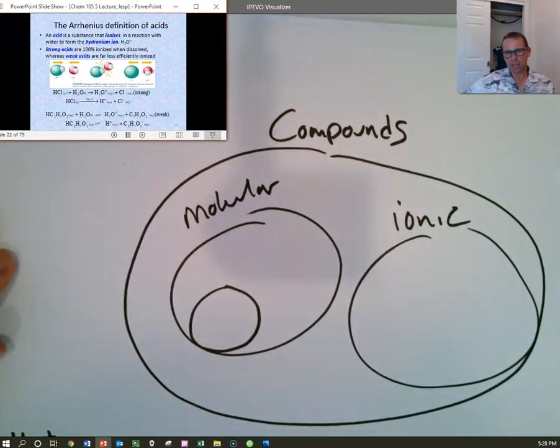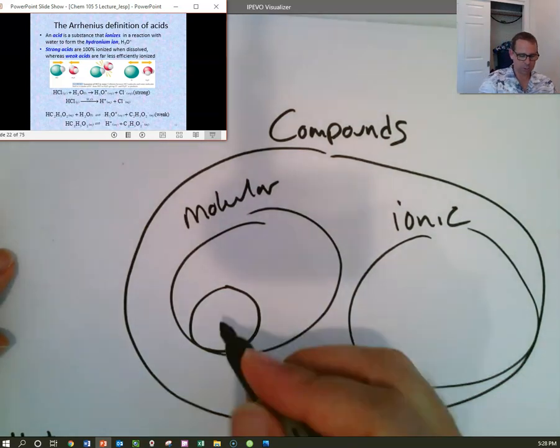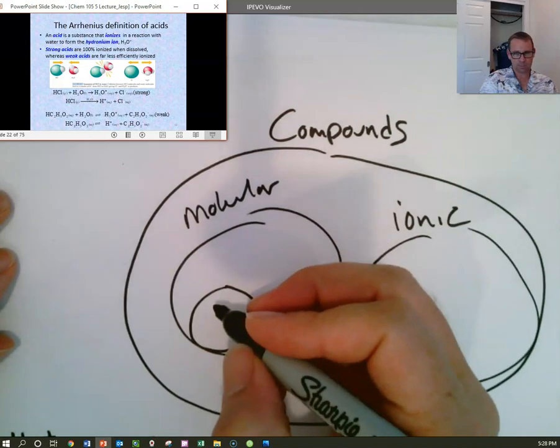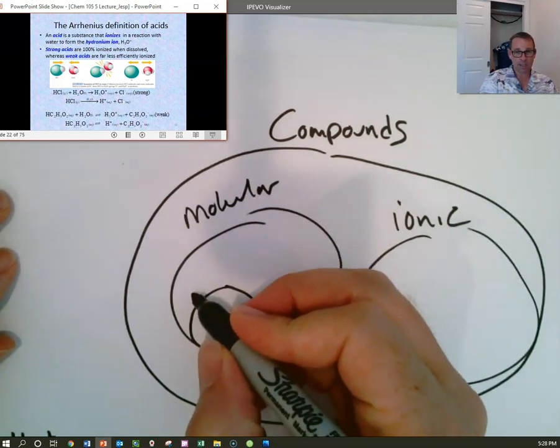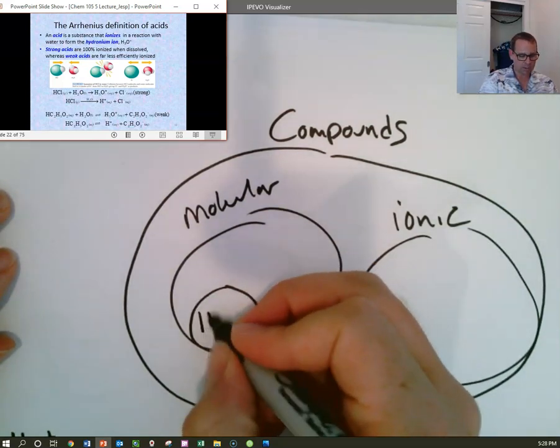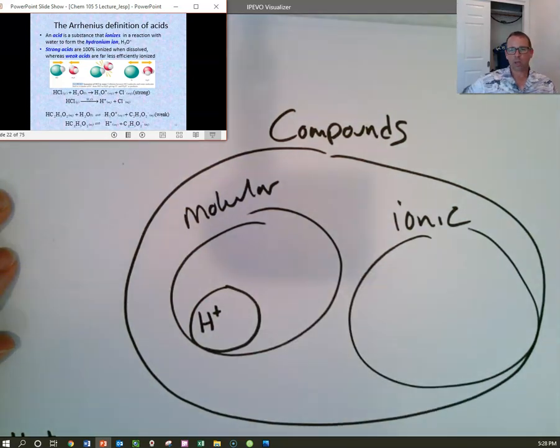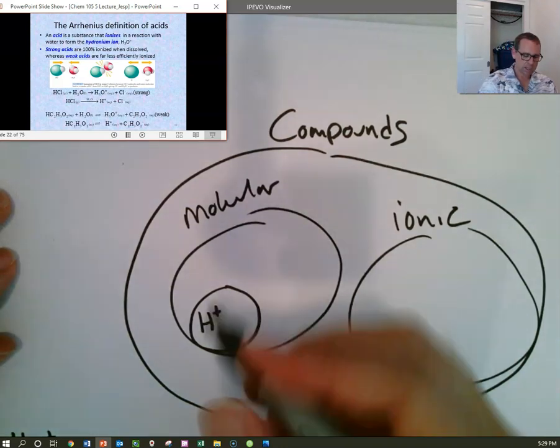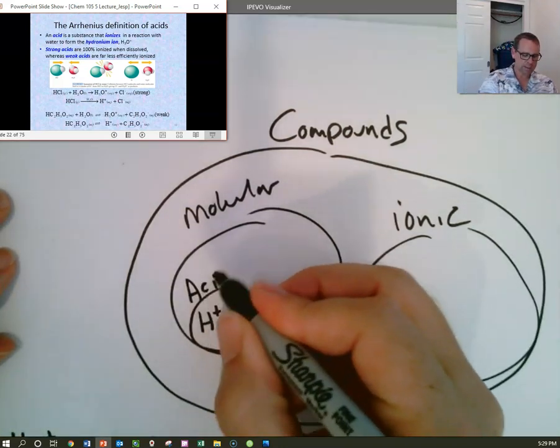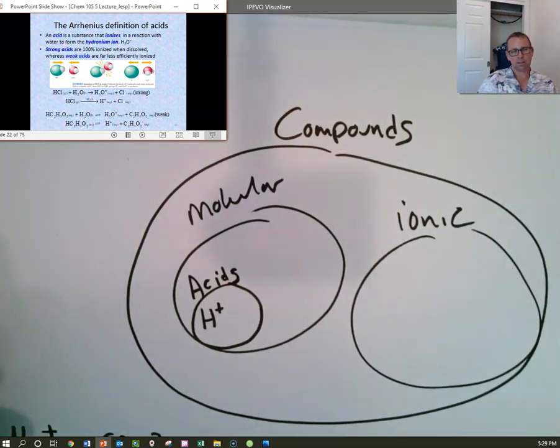All right? Now, molecular compounds generally don't do that, but there is a group of molecular compounds that do. And when they dissociate, one of the products is the hydrogen ion, or H+. And these compounds are called acids.